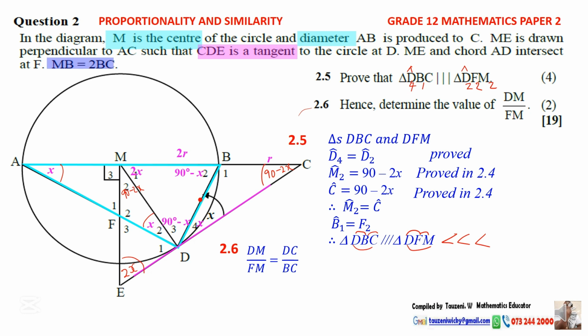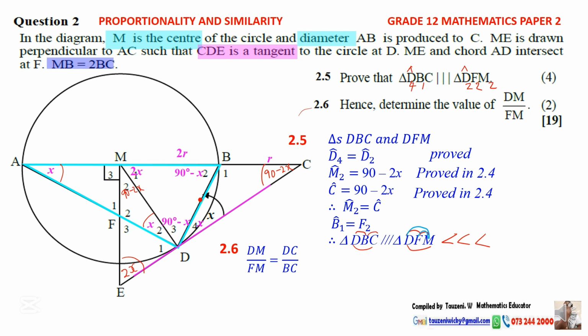So in our case, we want to find DM over FM. If you look at the way the lettering is ordered, DM is in this one here. That's from D to M, DM divided by FM.